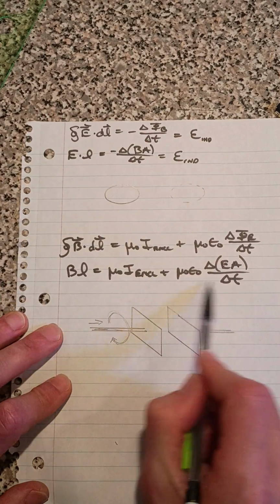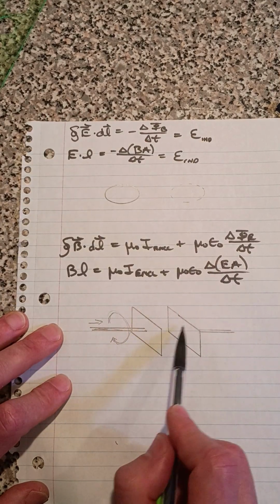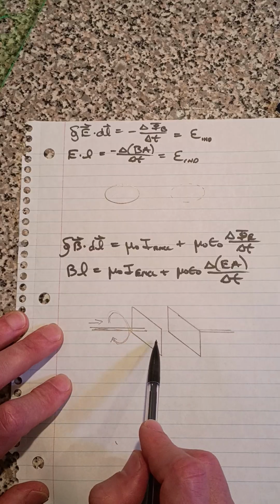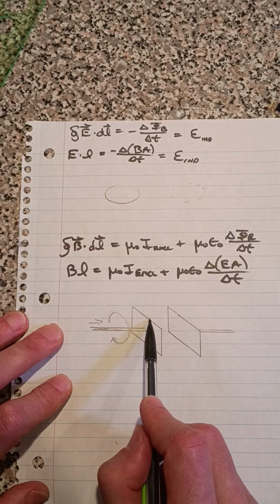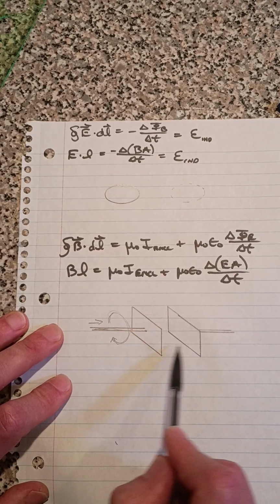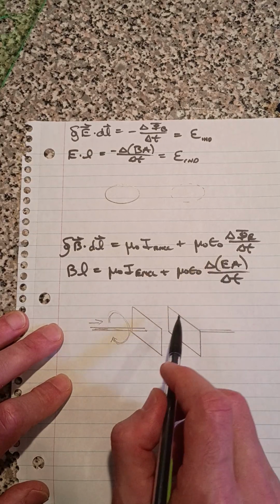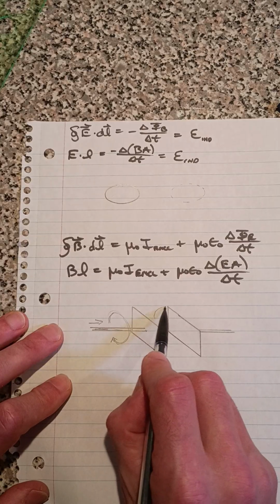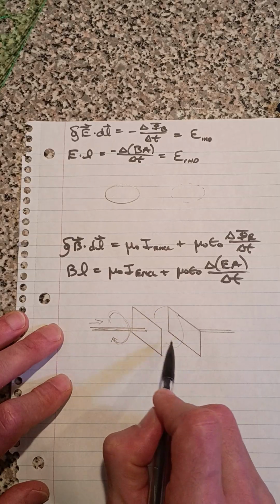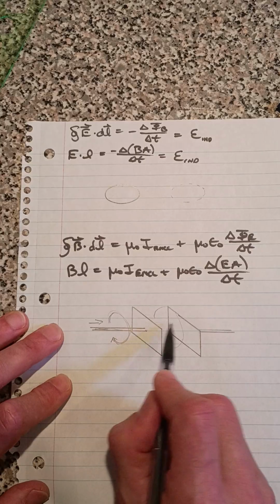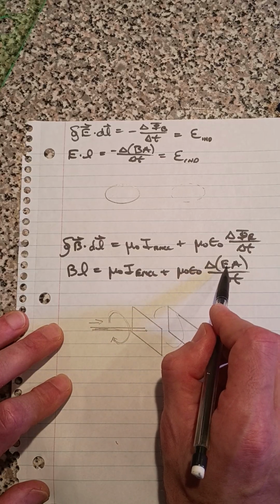Now, what does this part mean? So when this is a capacitor plate, when charges start to accumulate on this capacitor plate, electric field lines start to appear, right? And they build up and build up and build up. That's what this is saying, that there will be magnetic field lines that start getting created in here around a changing electric field line.